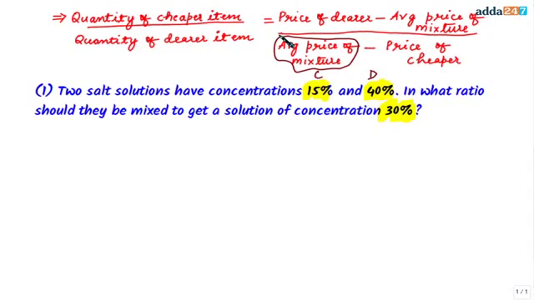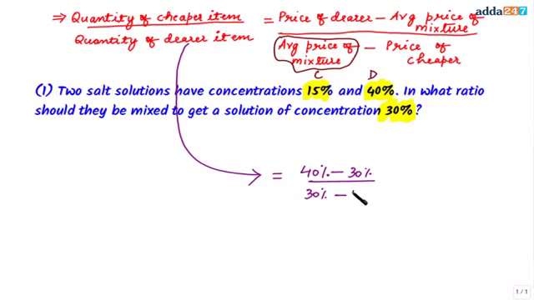Now the question becomes very easy. The value which we have to find will be equal to price of the dearer item, which is 40%, minus average price of mixture, which is 30, divided by average price of mixture, that is 30%, minus price of the cheaper item, which is 15%.